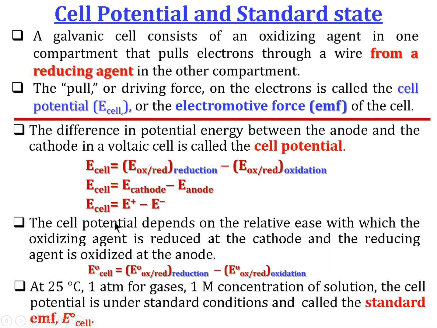So we have a difference between the notation of E of the cell and E0 of the cell. E of the cell is the cell potential of the reaction at the given conditions. E0 of the cell is the cell potential of the reaction realized at the standard state.